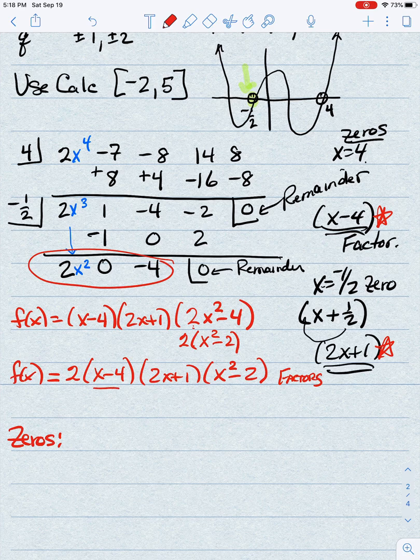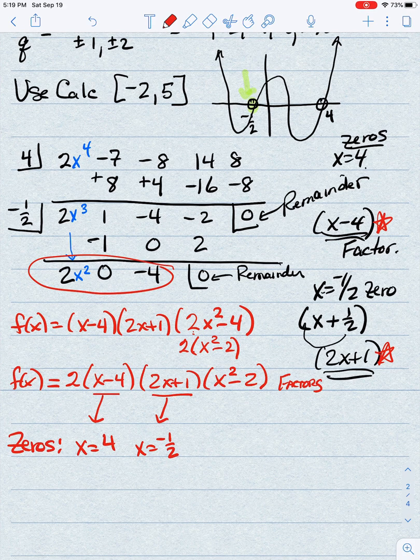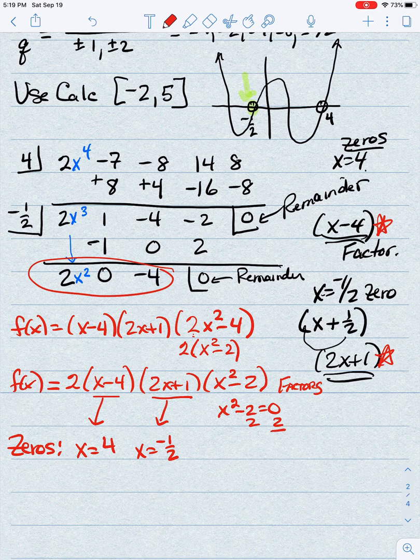So then below that, we can take a look at the zeros. Okay, so from your first factor, x equals 4. Okay, from your second factor, x equals -1/2. Okay, and then this x squared minus 2 is interesting. So set it equal to 0 if that's bothersome, and then just solve that. So add your 2 to both sides.